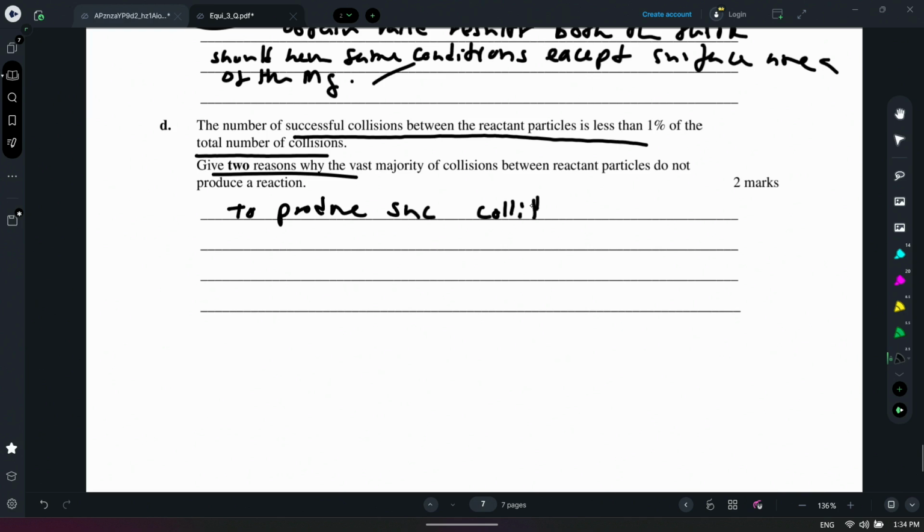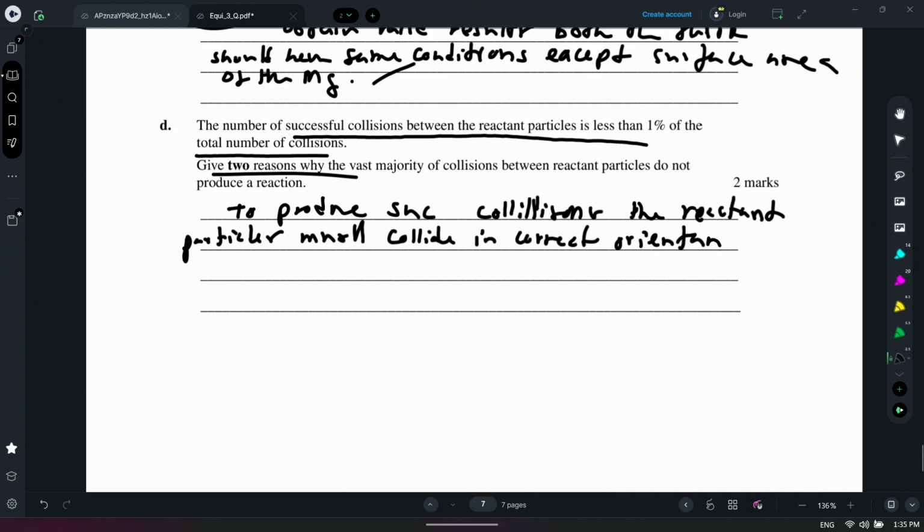To produce successful collisions, the reactant particles must collide in the correct orientation and with energy to overcome the activation energy. Okay, so that's 1 mark.